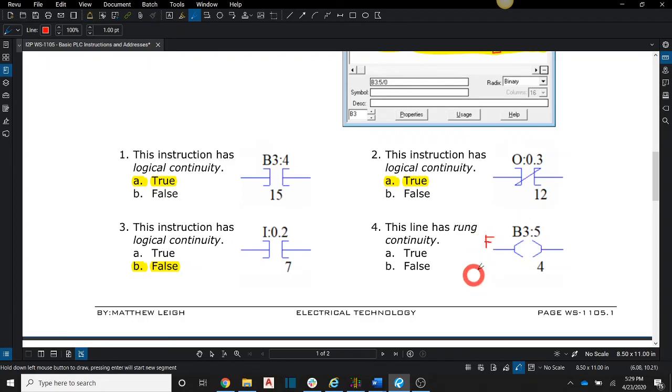Something in that rung, or multiple items in that rung, might have de-energized, in logical terms, that rung, and then we had to start writing a 0 to that output. So the statement says this line has rung continuity. That is false. It does not have rung continuity, and that's why we're writing a 0 there. So the answer here would be false.